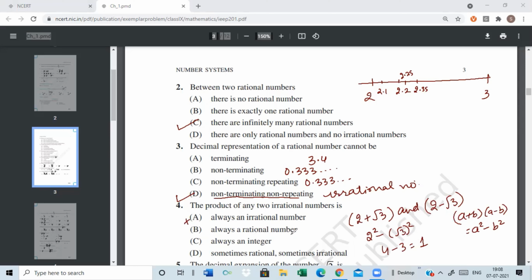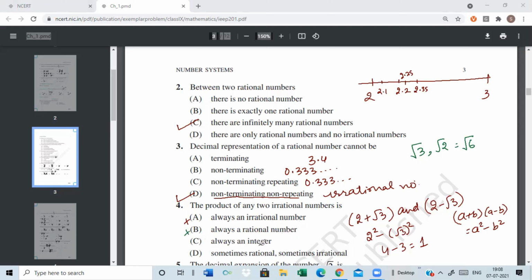Now they are saying always an irrational number. Suppose we take the numbers root 3 and root 2. Both of these are irrational numbers, but if we multiply them, we get root 6, which is also an irrational number. So the second option is also not correct. It's not that it is always irrational.